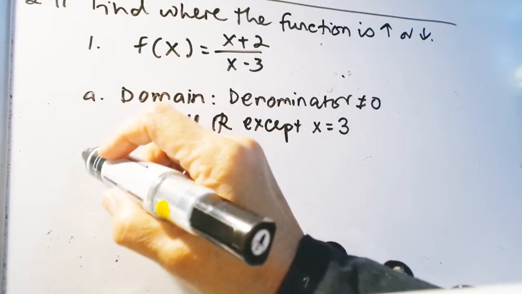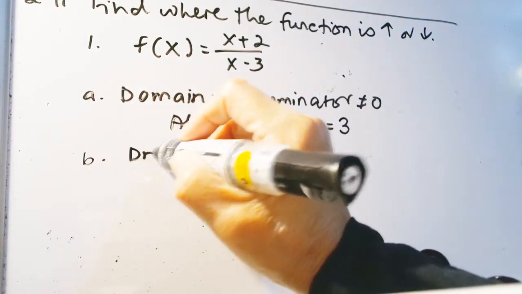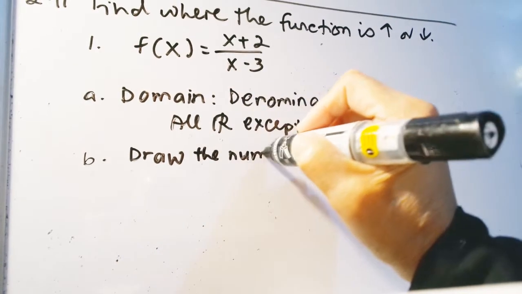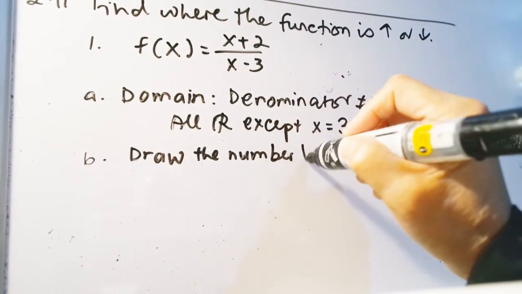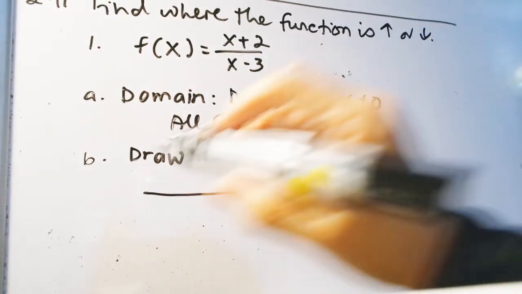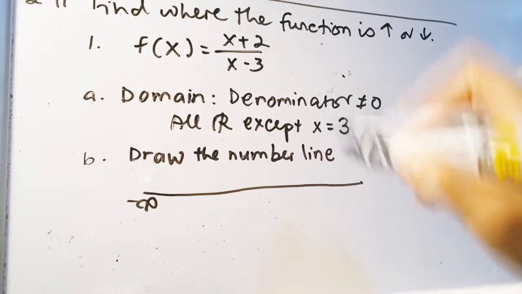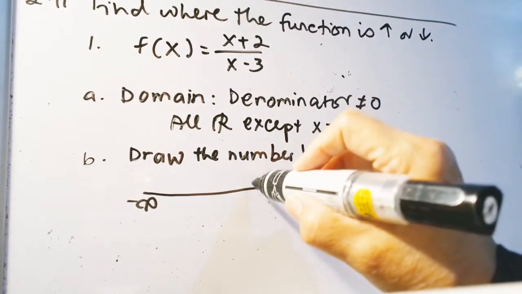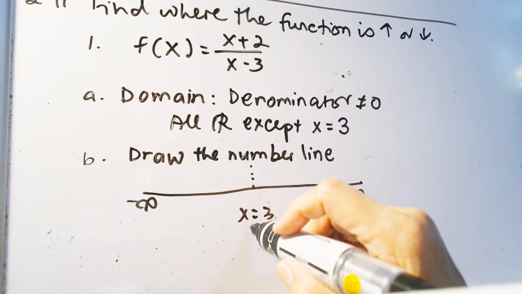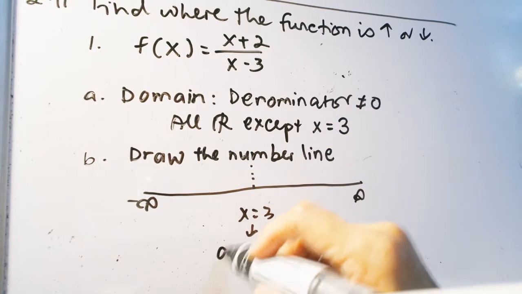The next thing you need to do is to draw the number line. The number line is actually the x-axis of the function. Because it's all real numbers, x can be from minus infinity to infinity, except x equals 3. And this is where we know that there is an asymptote.